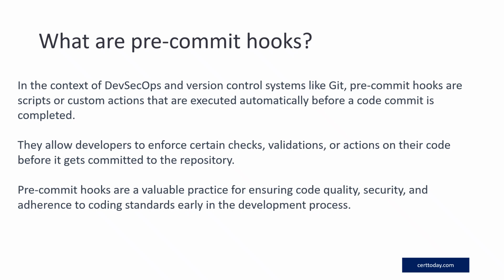They allow developers to enforce certain checks, validations, or actions on their code before it gets committed to the repository. Pre-commit hooks are a valuable practice for ensuring code quality, security, and adherence to coding standards early in the development process.